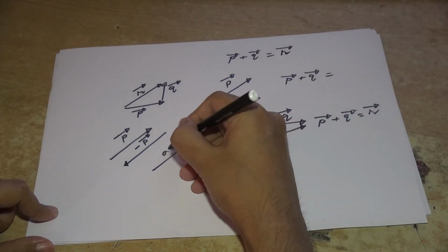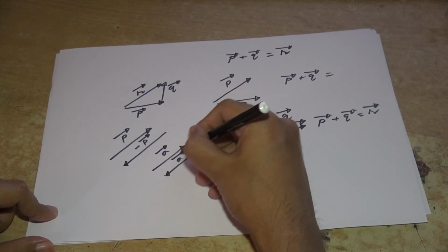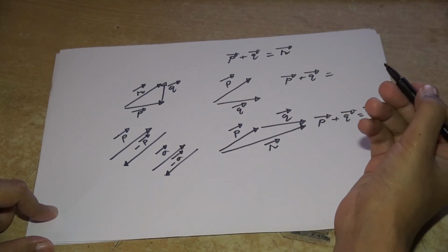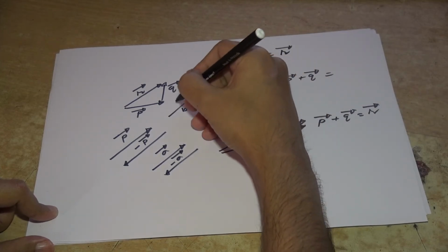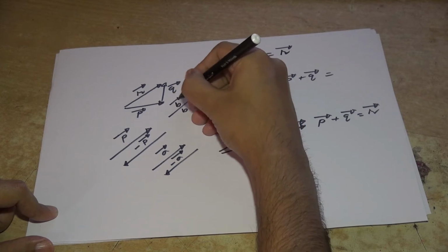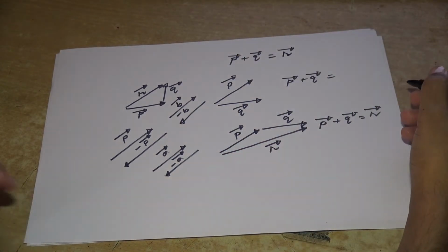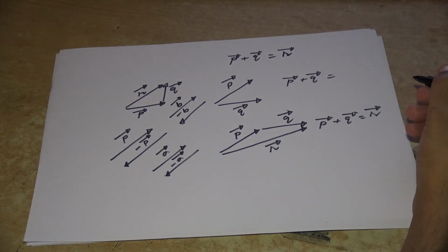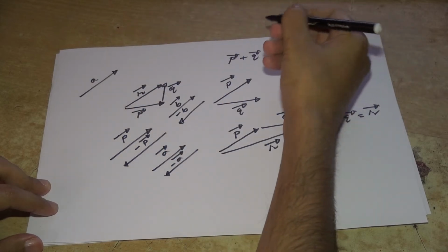Let's try with another vector. If this is positive, by changing the direction it becomes negative, right?